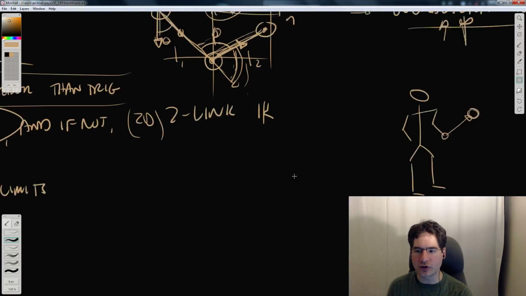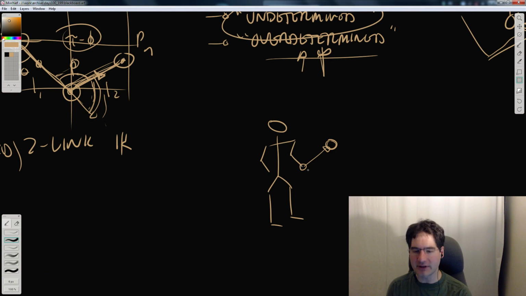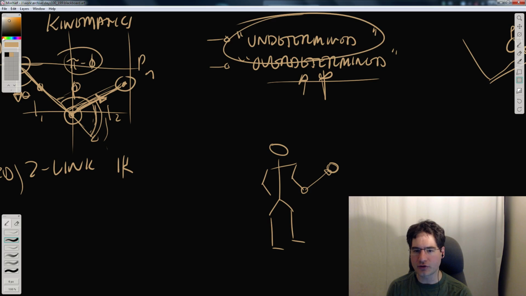So if it was a 2-link arm in a plane, okay, and I want to put it somewhere, well, that can be solved exactly, all right? It is not overdetermined or underdetermined. The number of degrees of freedom and the output space are the same. The degrees of freedom in the input space and the output space are the same. Might be a way to phrase it, right?